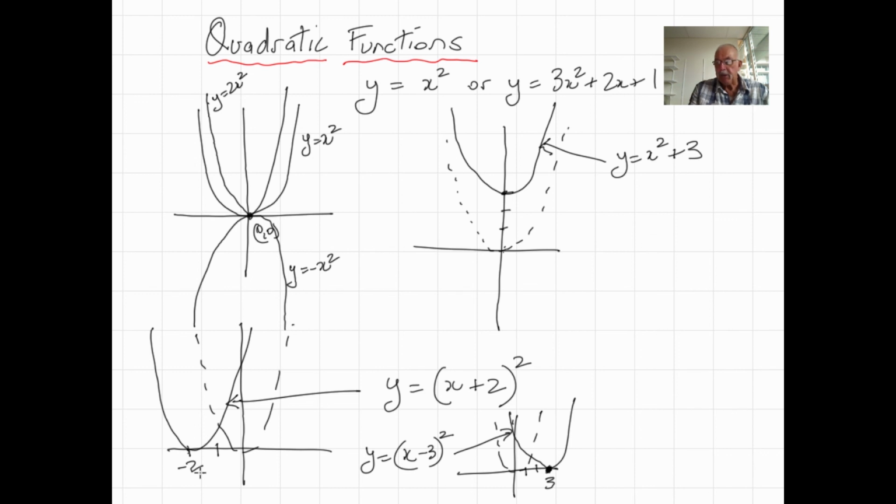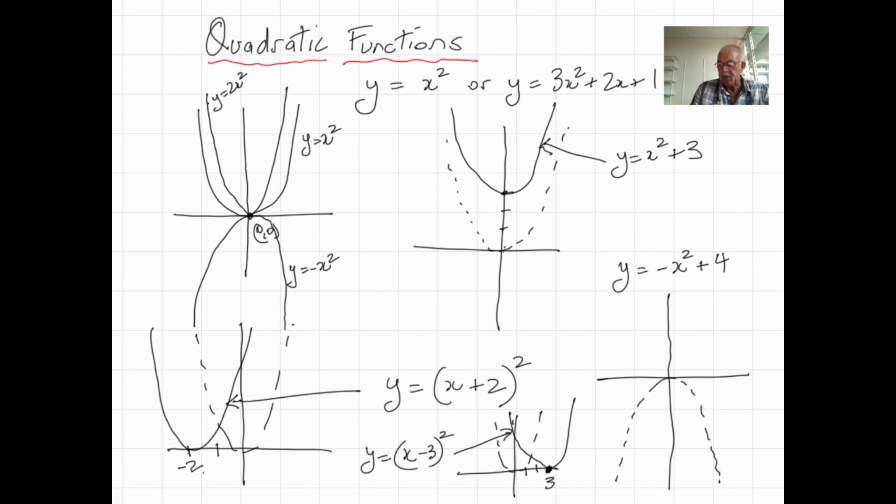Alright, so putting it all together now, if we had y equals negative x squared plus 4, what is that going to look like? Draw some axes. y equals negative x squared, we'll draw that first.